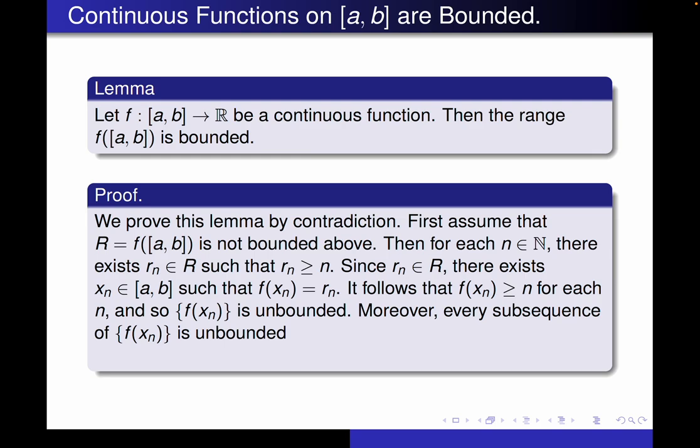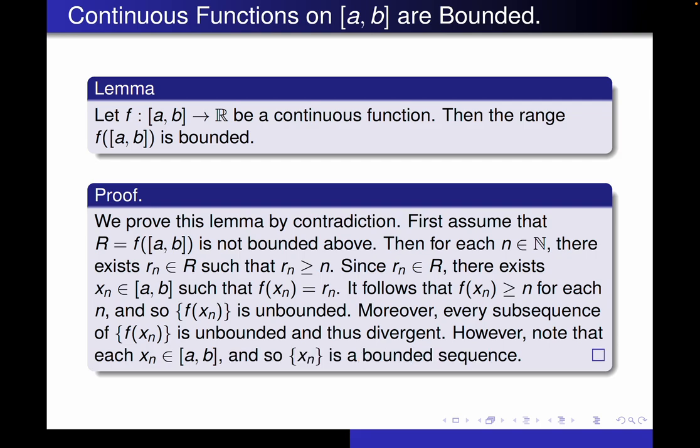So every subsequence of f of xn is going to be unbounded as well, and therefore it's divergent. Note that each xn is in the closed interval [a, b], and that means that xn is a bounded sequence. So the inputs form a bounded sequence, the outputs form an unbounded sequence.